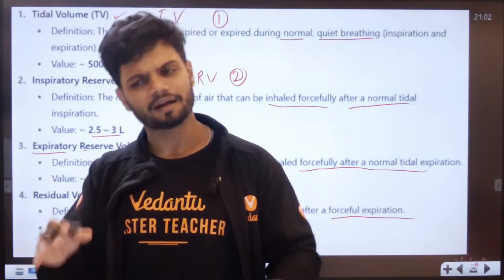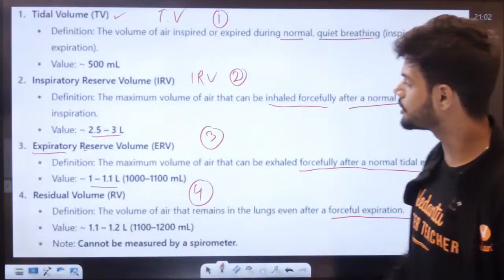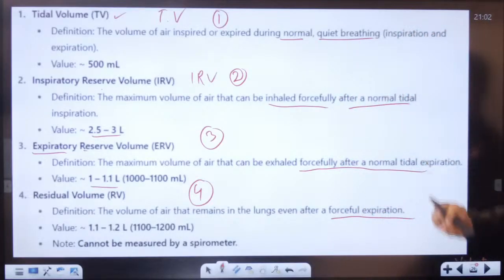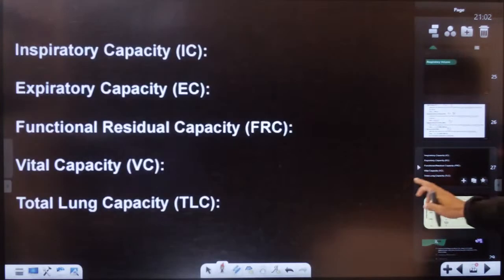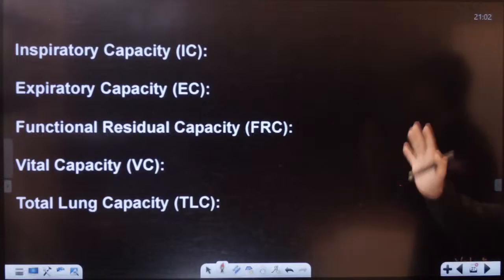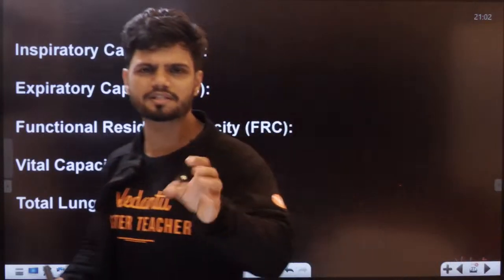This will always be present. So these are the 4 different volumes: tidal, forceful inspiratory, forceful expiratory, and residual. Students, have you understood this? It is very easy to understand.